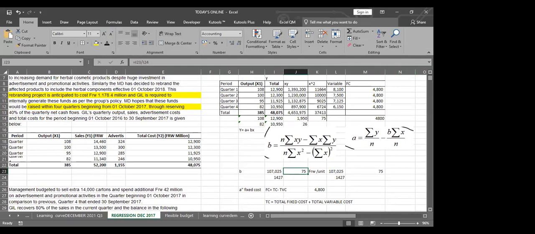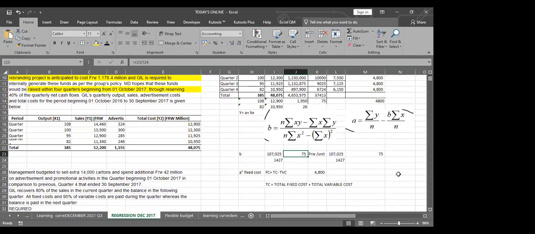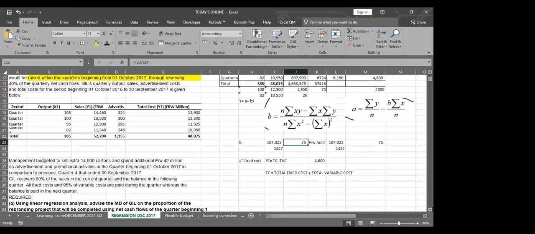Now, somebody was asking about sales. Let's focus on sales and see what it is all about. Why am I focusing on sales? The examiner wanted us to use net cash flow to forecast the next quarter. After I forecast the next quarter, I determine how much funds they can collect.